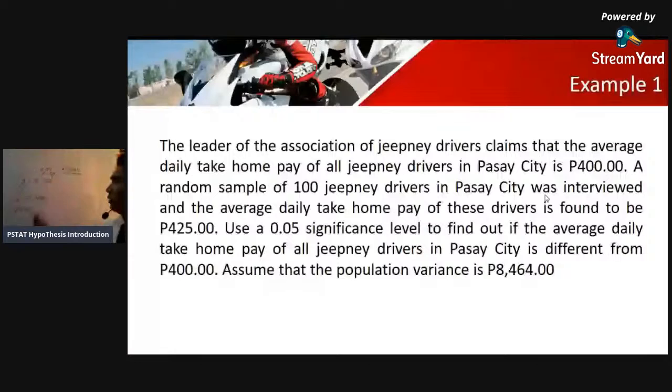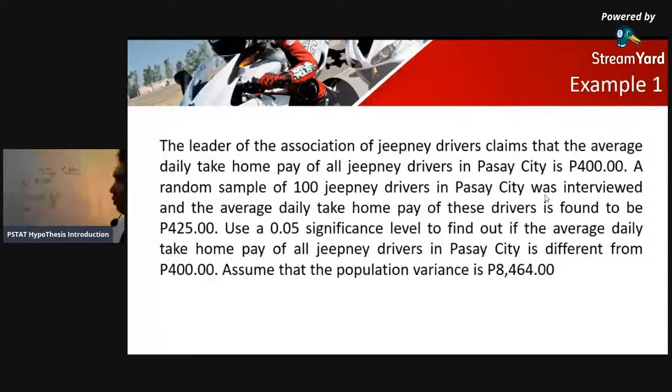So your z-test now is the sample mean minus the population mean, all over the standard deviation over the square root of n. Here you have your sample mean, your population mean, and your n, but you don't have your standard deviation yet. Some of you ask, sir, how do we solve the standard deviation?